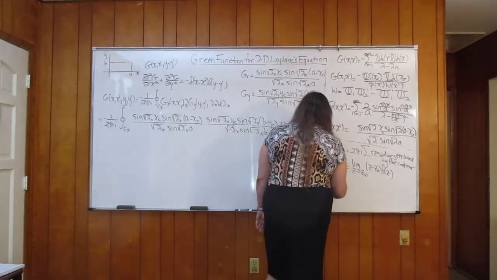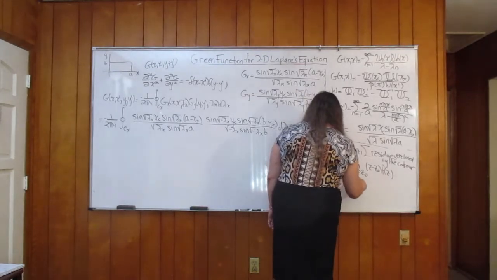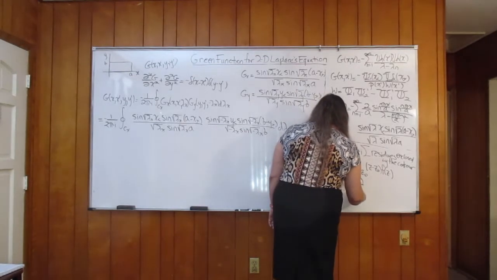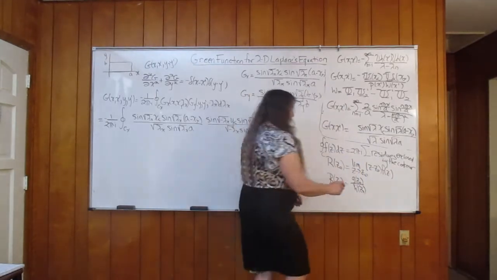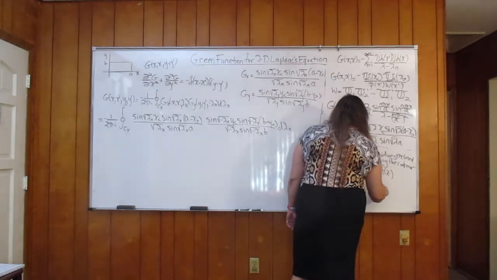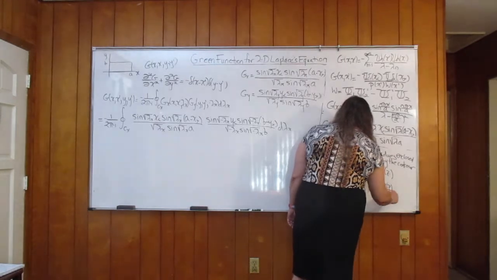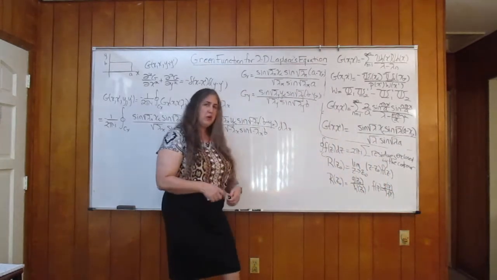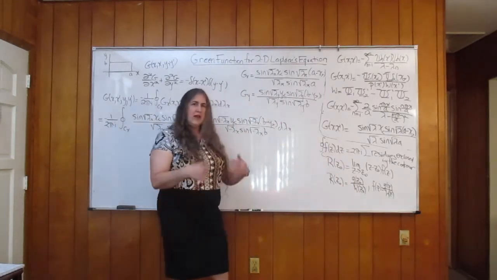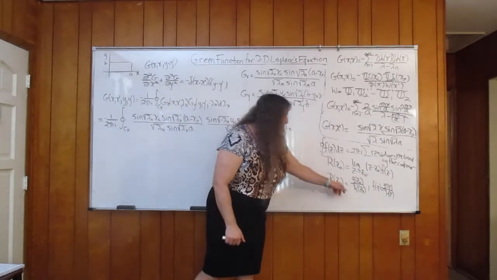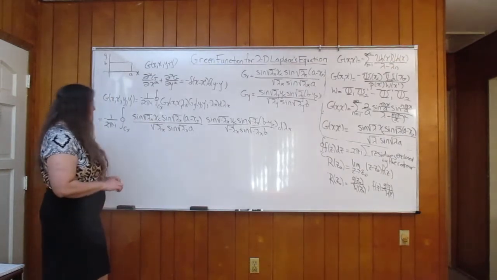Another useful form: let's suppose that your function f of z can be written as some function g of z over some other function h of z. So the residue is going to be g evaluated at the pole z naught, over the derivative of the function h also evaluated at the pole z naught.